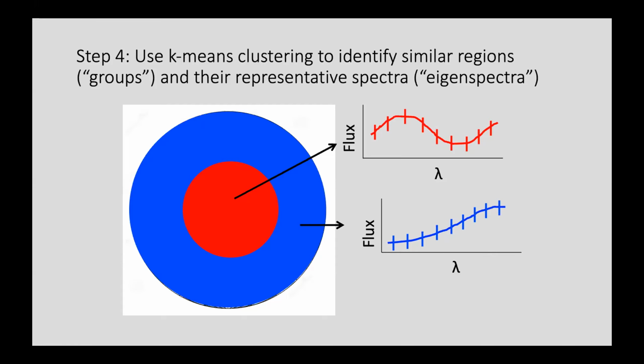So by using this k-means clustering algorithm, we can group together similar spectra so that you have less spectra to run through an atmospheric retrieval. And also the error bars on each of those individual spectra are smaller, while still ensuring that you get a good idea of the variance of different types of spectra across the map of the planet by having these different separate groups which have separately shaped spectra.